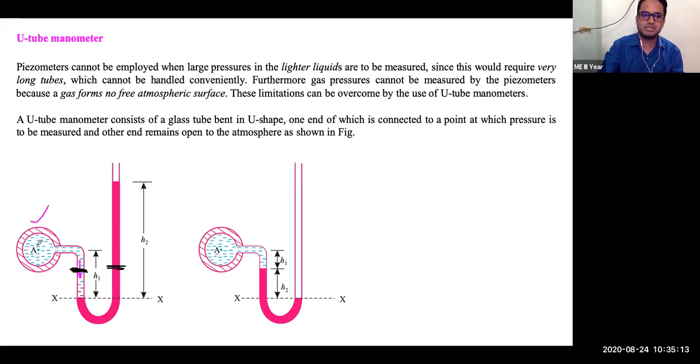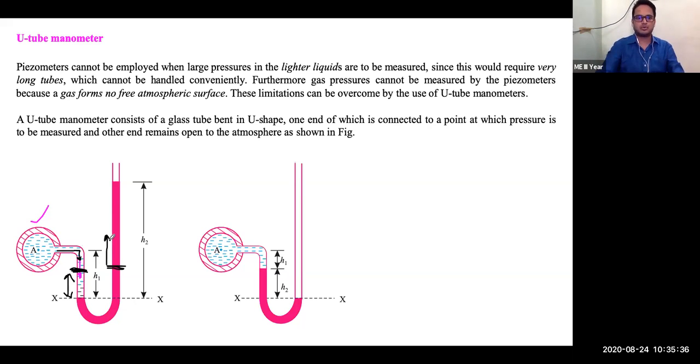This liquid will start flowing inside that pipe, and the flowing fluid will try to push this manometric fluid, and you will see a difference in height on the left hand side and on the right hand side. On this side you can see it is going down, and on the right hand side it is going up.